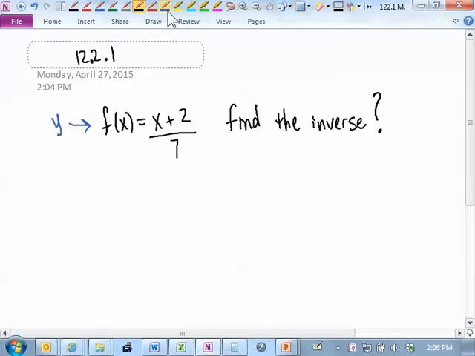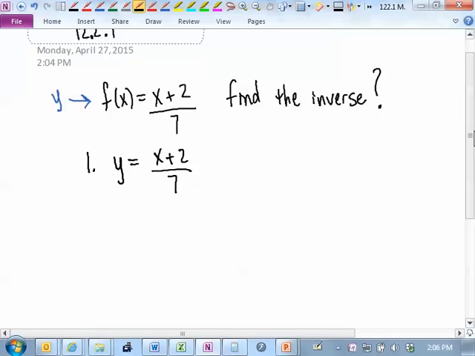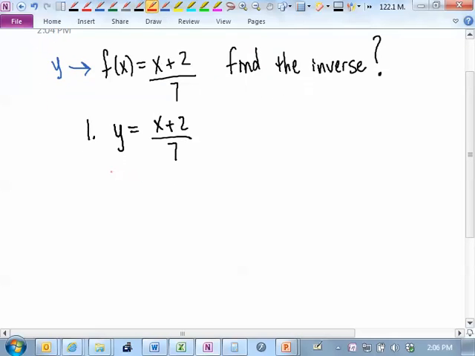So then I'm just kind of summarizing, find the inverse. Well, there's the first part of finding the inverse right here. Use the y notation. So first step, rewrite it as y equals x plus 2 over 7. I haven't done anything to the actual rule. It's still the exact same function. Next step is the big one, the biggest one.